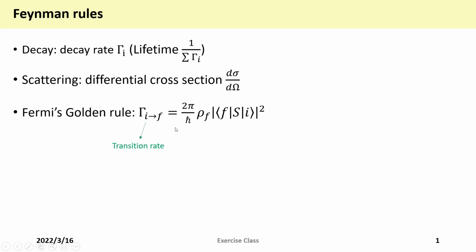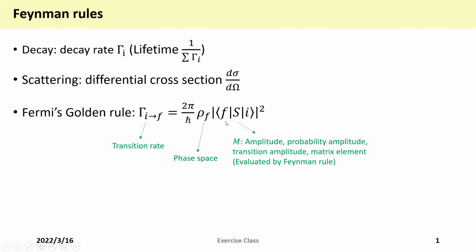So this refers to the transition rate, and this will refer to the phase space, which is the density of states of your final states. And this is called the amplitude, or the matrix element, which will be evaluated by the Feynman rules.